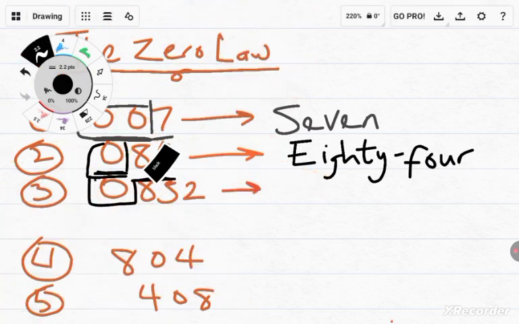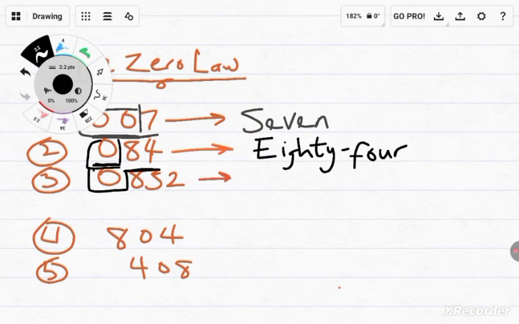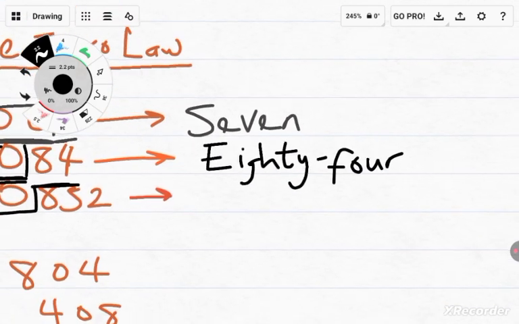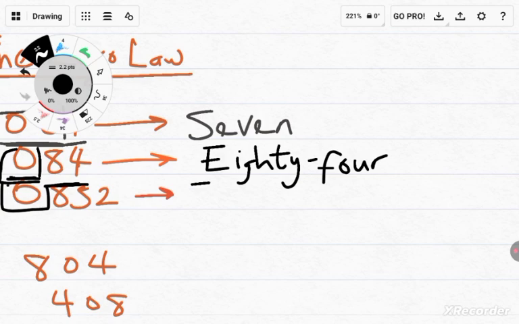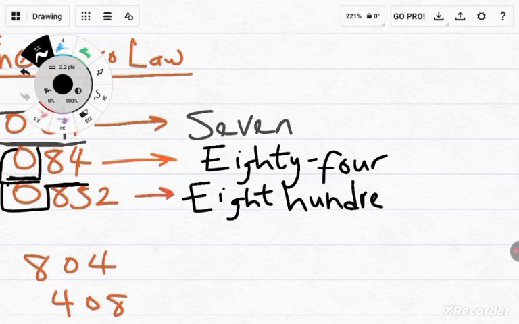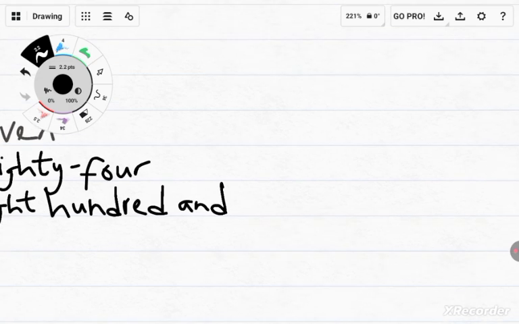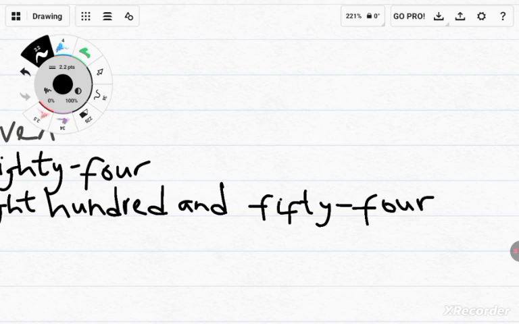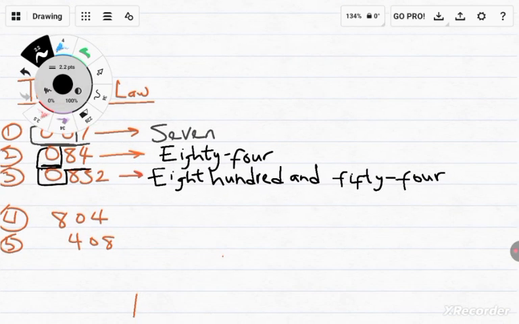We have done this in writing in words when we're in primary 3. 854 is what? 854 is 800 and 50, and 4. That is 854 written in words.